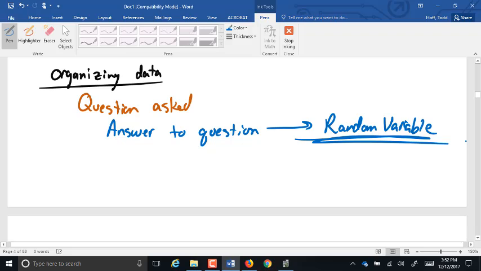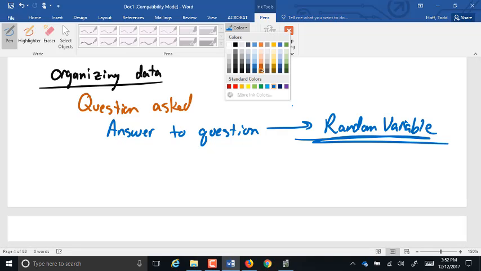And we had mentioned that random variable, that answer, could put you into a category. Could be like favorite color. What's your favorite color? That puts you into a category. That's a categorical variable.